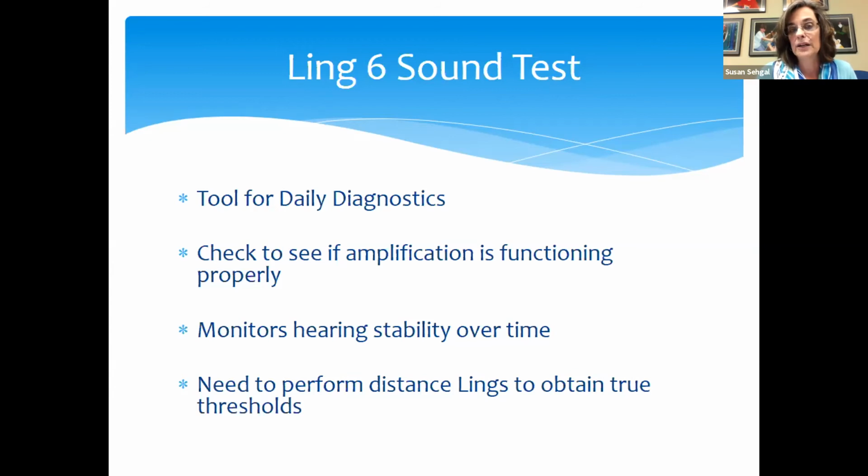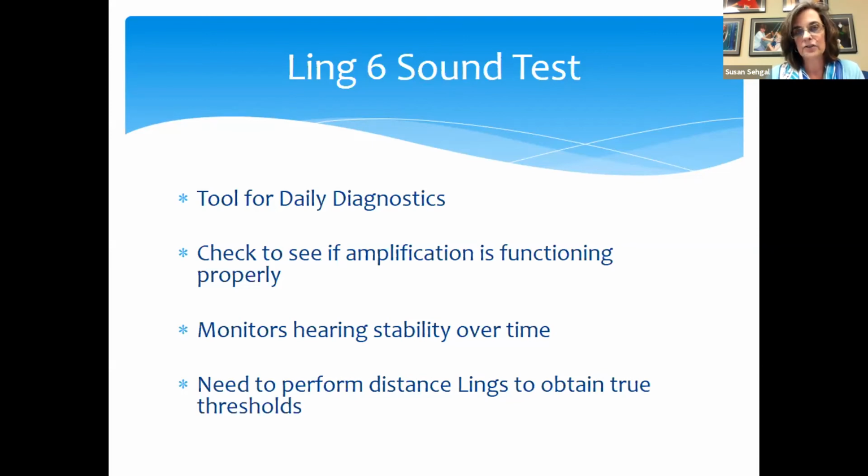We can also monitor hearing stability over time. There are some children who have a progressive loss, and so we're looking at do we see any sort of decline in their hearing thresholds over time. And if we're consistently doing the Ling 6 sound test, then we would be able to maybe identify earlier when there might be some sort of decrease in hearing and a return to the audiologist is needed.